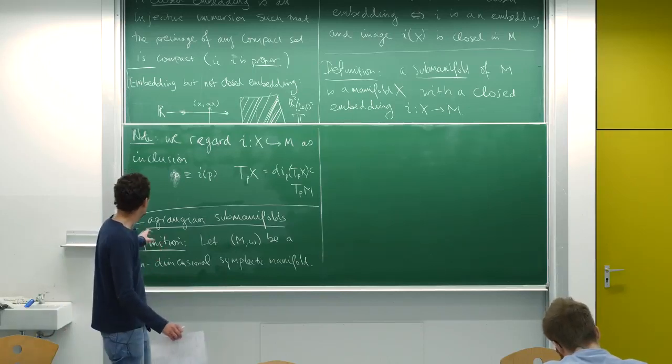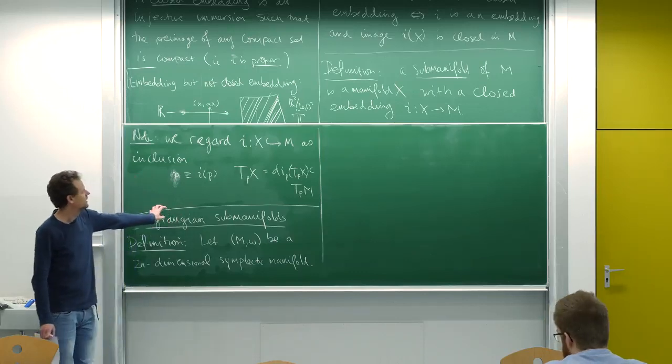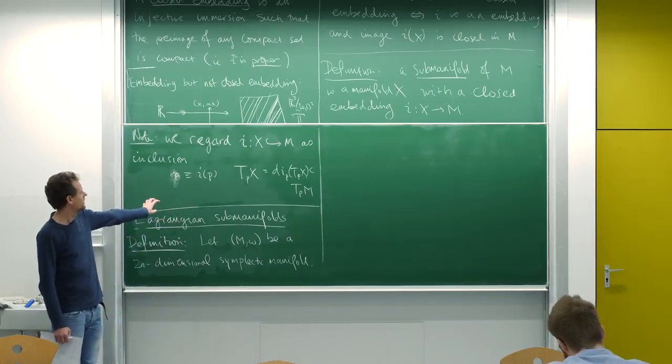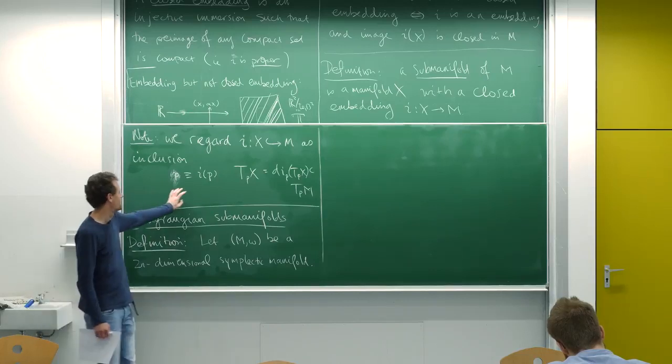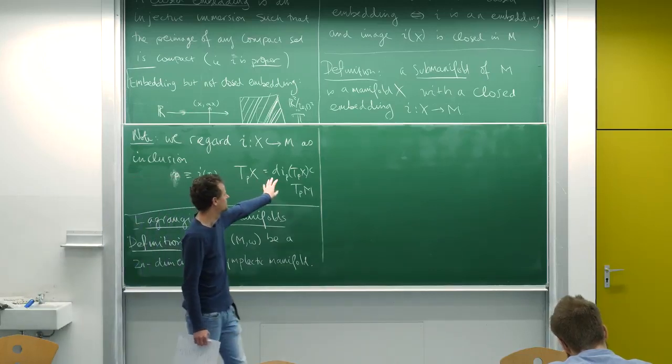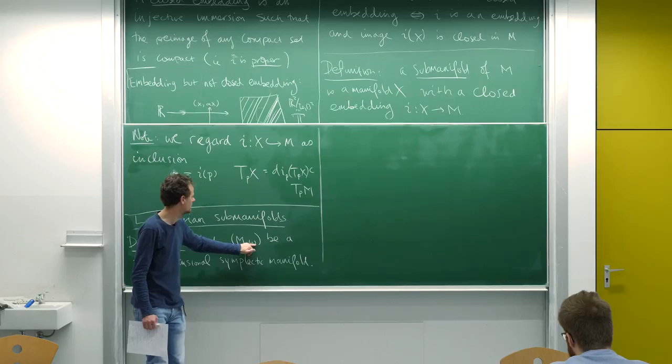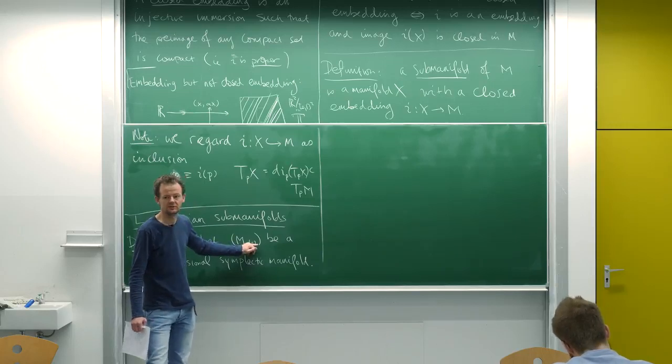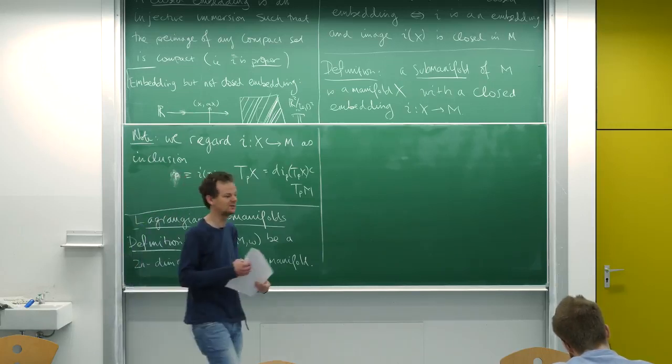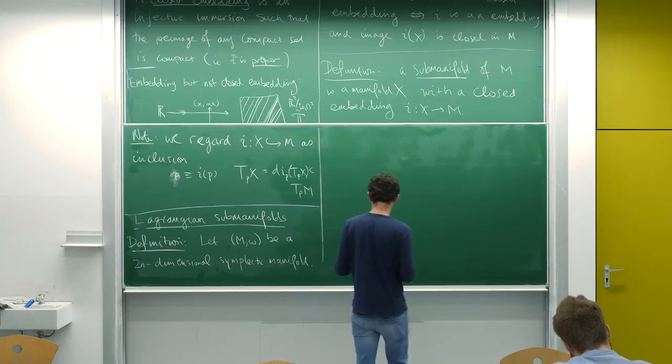And the word Lagrangian is taken to echo the definitions of subspaces of symplectic vector spaces. So a Lagrangian subspace of a symplectic vector space is a set of vectors such that when you restrict the symplectic form to them, you always get 0. So that's what a Lagrangian submanifold will attempt to generalize.